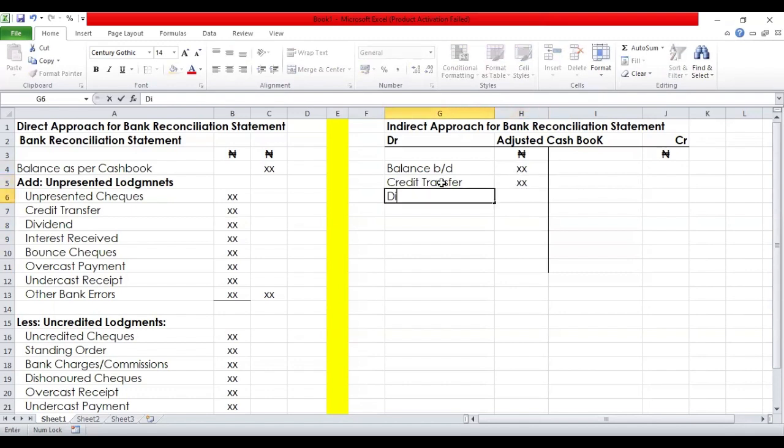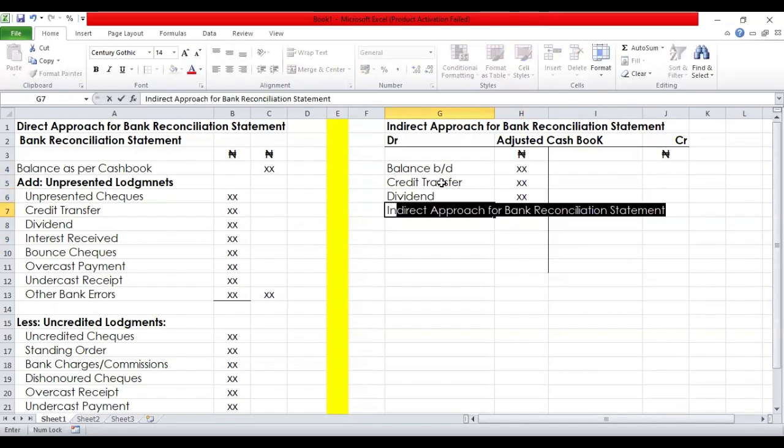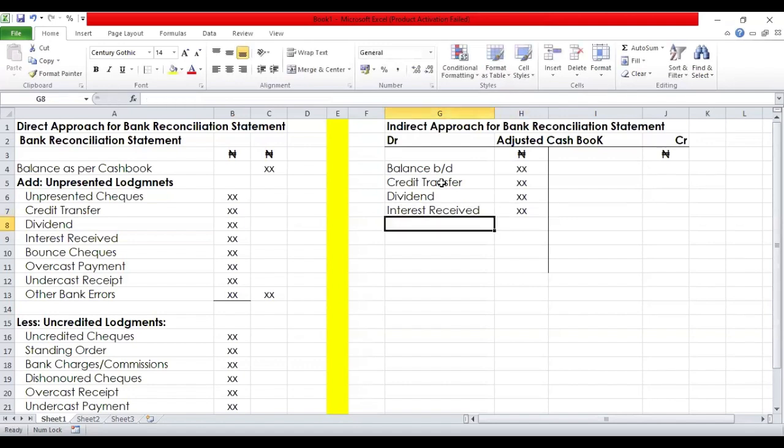You have dividend. You pay dividend without notifying you into your account. You also have it there. You receive interest in your account without telling you, interest. The check that you issue out and it bounces back is going to increase the money in your account.